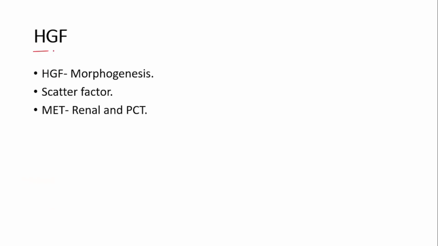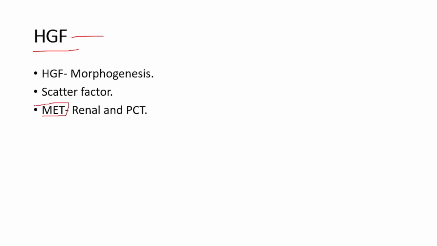The next one is hepatocyte growth factor. This HGF helps in morphogenesis, which means it helps in tissue as well as organ development during embryogenesis. It is also called a scatter factor because it promotes migration of the cell, and the receptor for this hepatocyte growth factor to act is called MET.